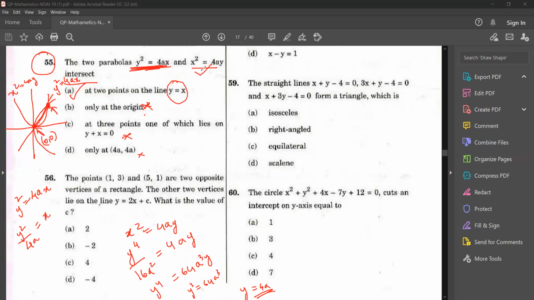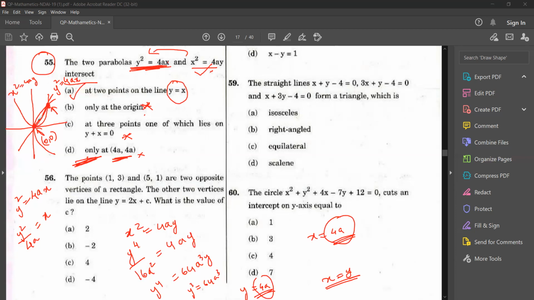If I similarly substitute taking y, I'll also get x equal to 4a. So y equal to 4a and x equal to 4a, that means the points have x equal to y. But we cannot put y equal to 4a here, because they're saying only at, and it is not only at.